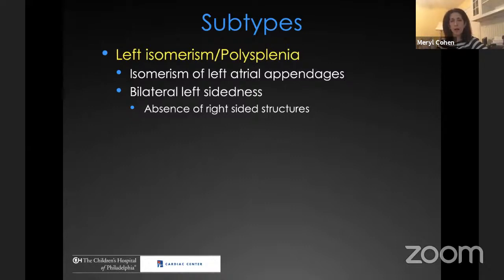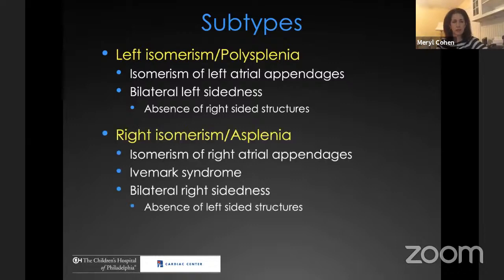Patients with left isomerism have bilateral left-sidedness, so it's good to think about it in those terms, because they will have absence of some of the right-sided structures. Right isomerism, which is also known in von Prague terms as asplenia, consistently has isomerism of the right atrial appendages, although not something we can always see by echocardiography.